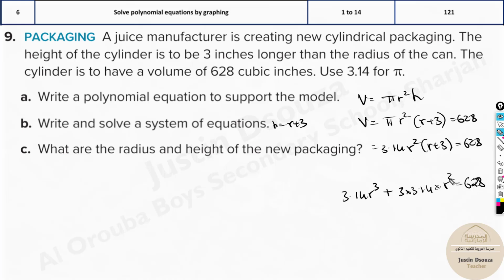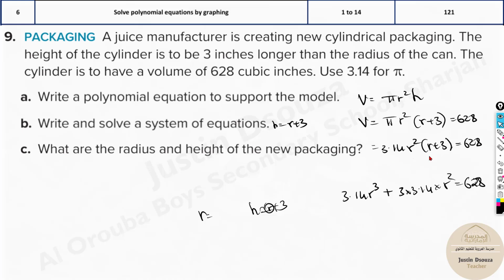And you can solve it up by the polynomial equation. But the easier method is to look into the options and just plug in the values and check which gives you 628. And then you will find the exact value of r. Once you find the value of r, you can easily find the value of h. Just add 3 to whatever r value is there.